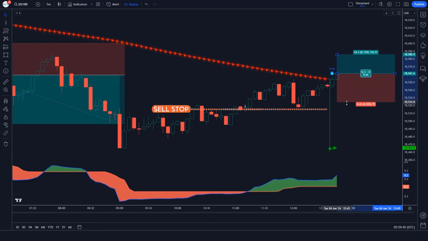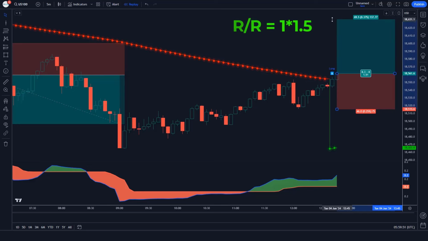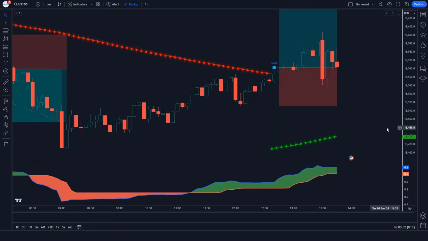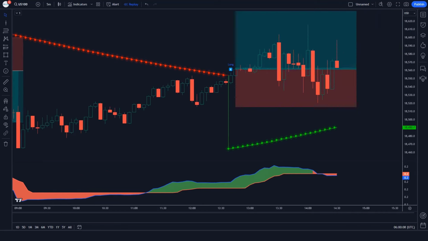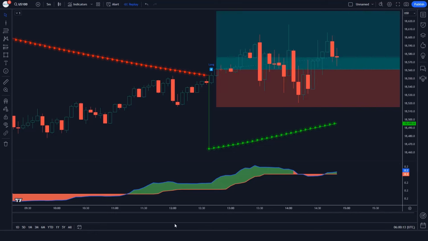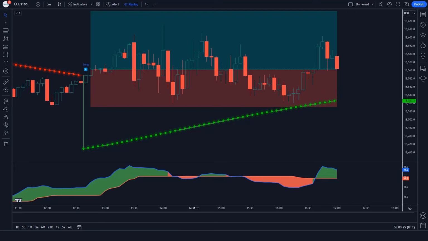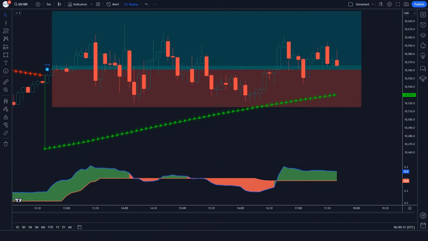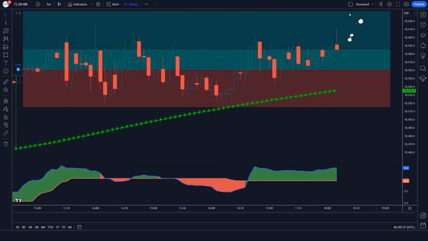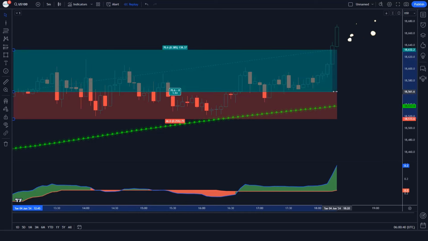Our stop loss will be placed at the current market's lower level, and the risk to reward ratio will be 1 to 1.5. The market has completely hit the target.